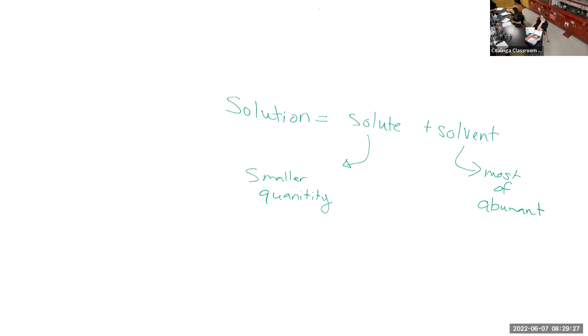The other way of looking at it is the one that's going to be dissolved in the other. So water dissolves sugar, right? So water is going to be the solvent, and sugar is going to be the solute. Questions? What did you say again? I said the solvent is the one that's going to be dissolving the other.